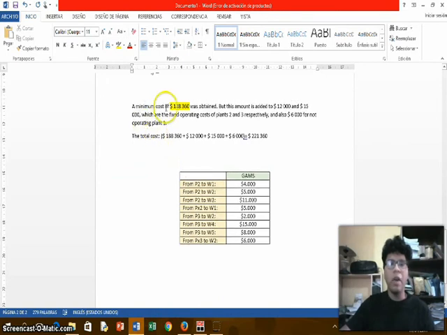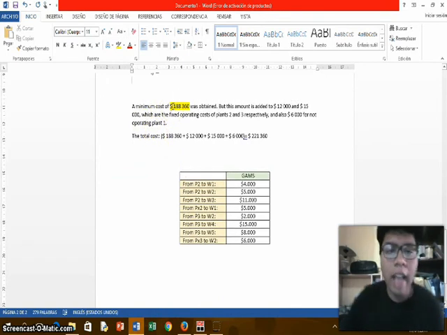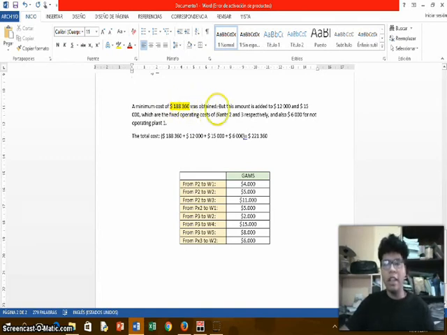So a minimum cost of $188,316 was obtained, but to this amount we add 12,000 and 50,000, which are the fixed operating costs of plants 2 and 3 respectively, and also 6,000 for not operating plant 1. The total cost is $221,360.